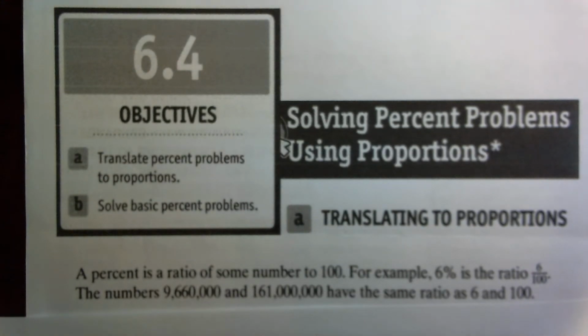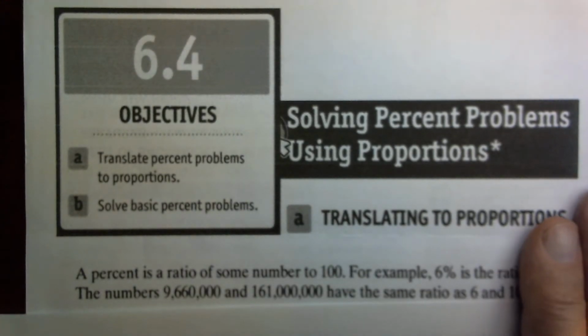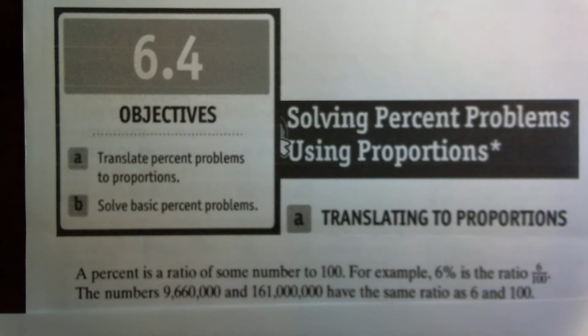So remember, a percent is simply a ratio of some number to 100. 6% is the ratio of 6 divided by 100. It turns out, for example, that 9,660,000 and 161 million has the same ratio as 6 and 100. So to solve a percent problem using a proportion, we translate as follows.